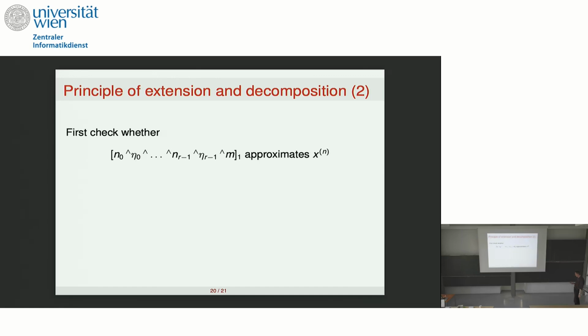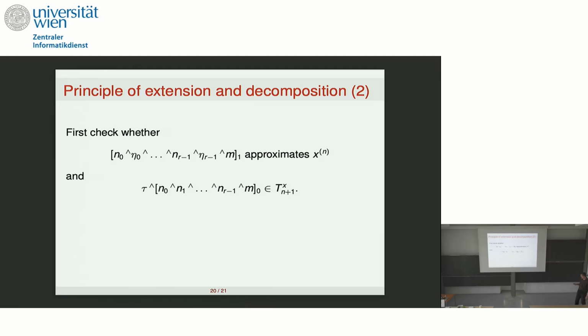Okay, first, we look at one part of this concatenation, and it should approximate the nth jump. So here we have a prescribed test, where we can check whether this is a good approximation or not.